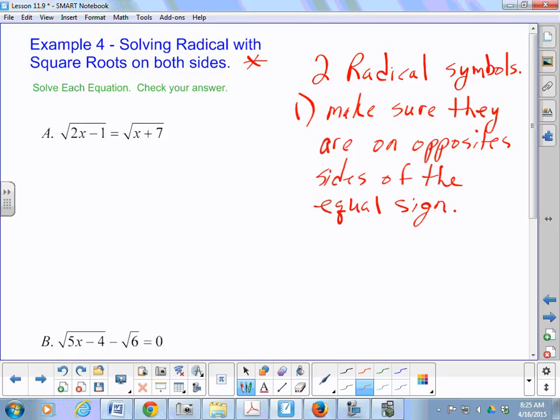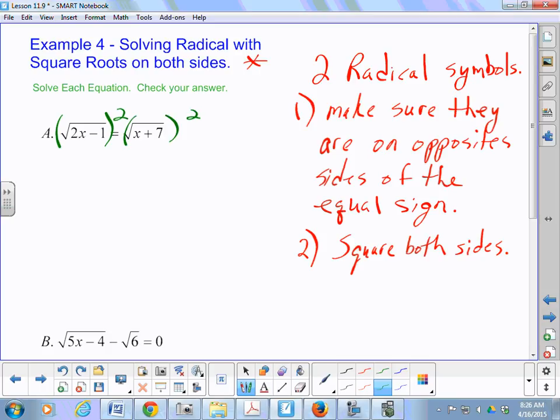So first of all, we look at letter A. Are they on the opposite sides of the equal sign? Yes. Then once they are, our second step is to square both sides.